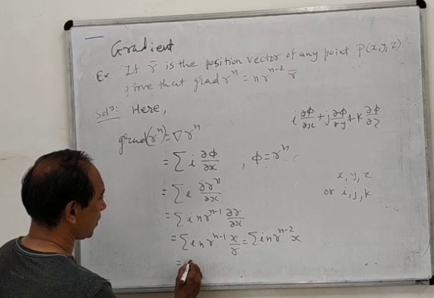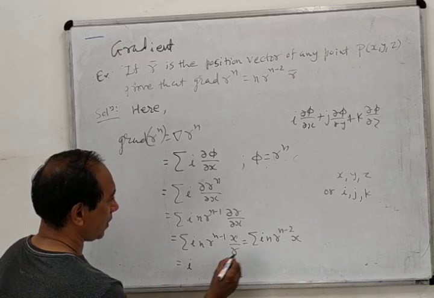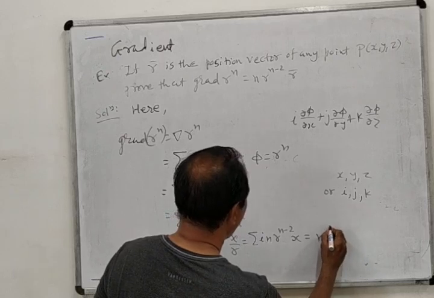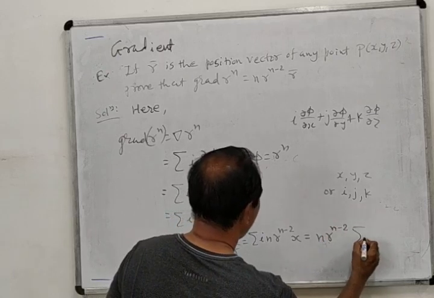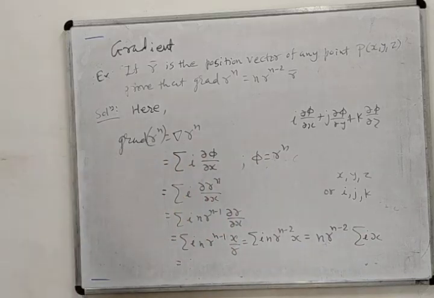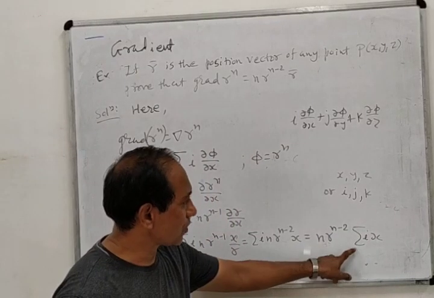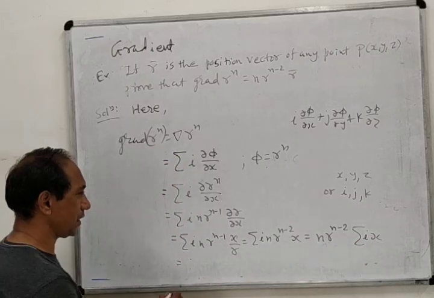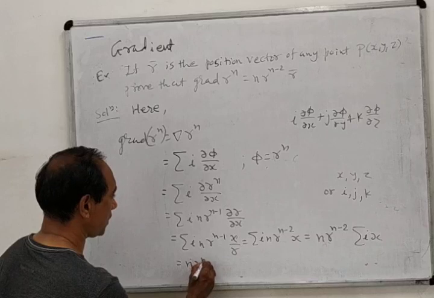So now we will take n r raised to n minus 2 common, and i into x will remain in the sigma, because here sigma runs over i, j, k and x, y, z only. So other terms we can take outside the sigma because it has no effect on sigma.